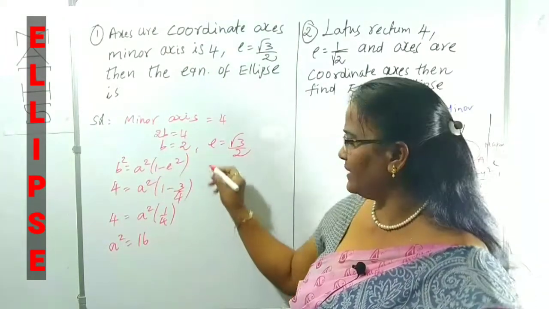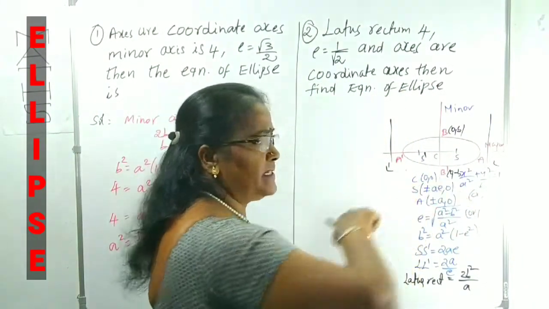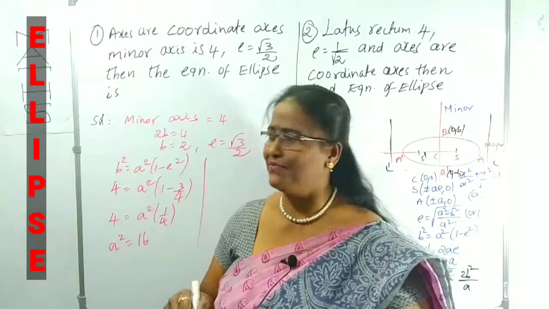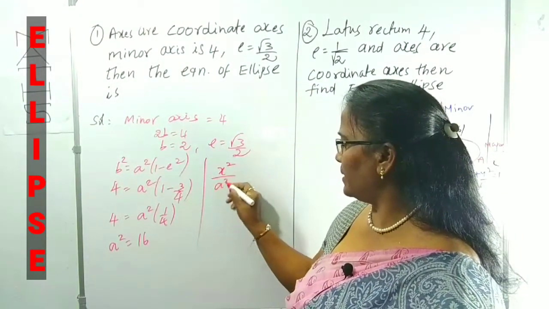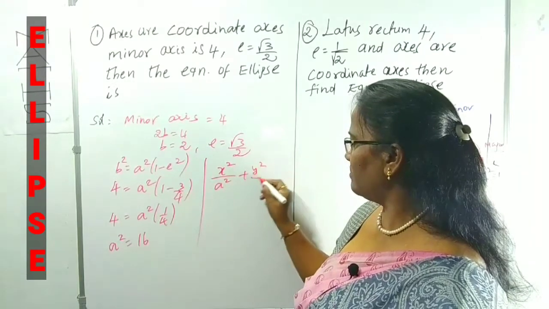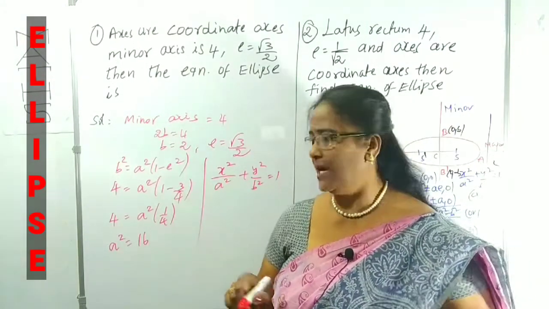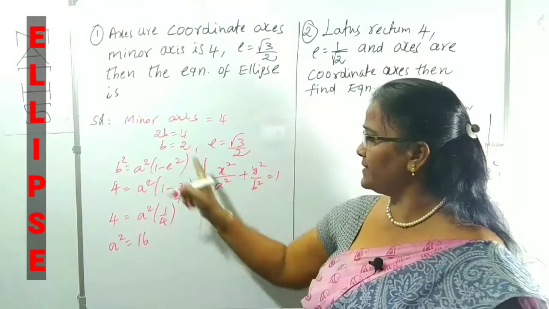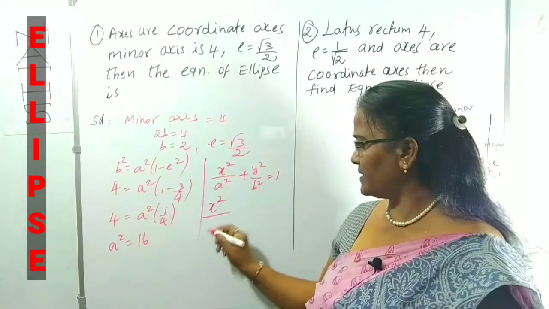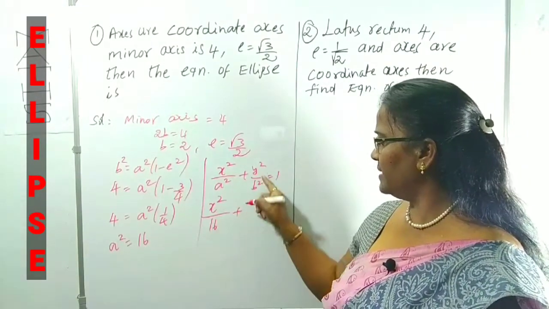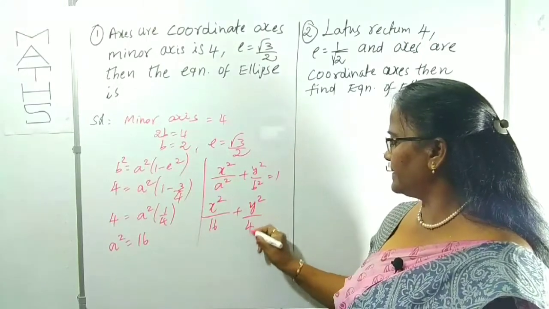Now what is the required equation of the ellipse? x square by a square plus y square by b square is equal to 1. I have written the equation again and replaced the a square and b square values here: x square by 16 plus y square by 4 is equal to 1.